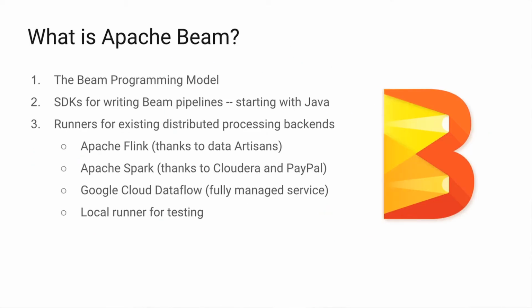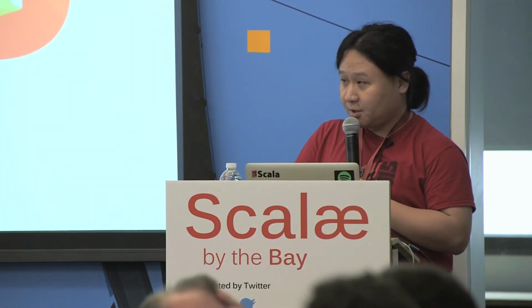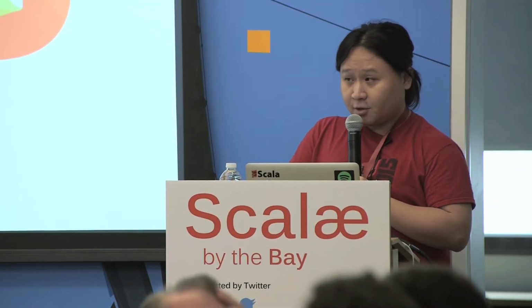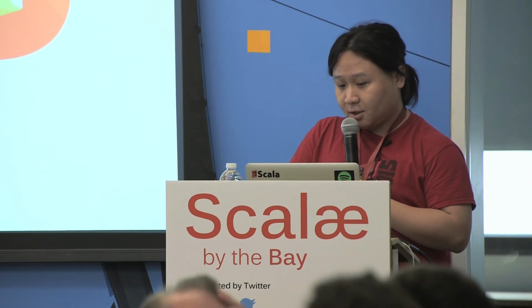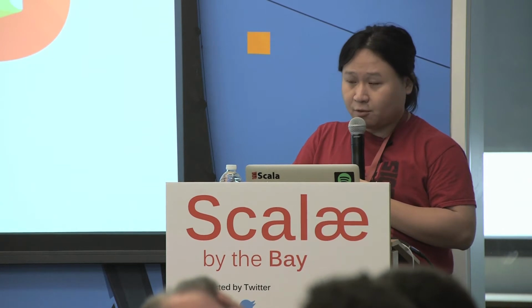So what is Beam exactly? Of course, it introduces the unified streaming and batch programming model. It also has this concept of SDKs, which the developer uses to write data pipelines. Right now, there are 2 SDKs, Python and Java. There are other languages being proposed. And then the pipeline that you write in a Java or Python SDK gets translated to one of the many runners supported.